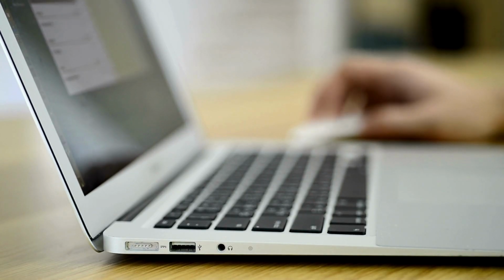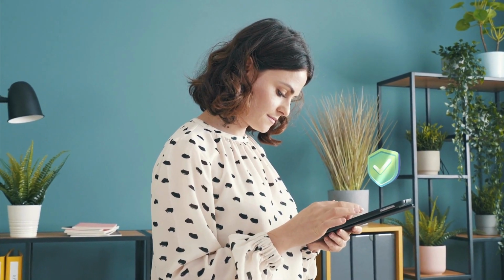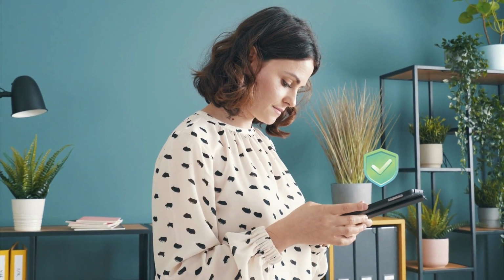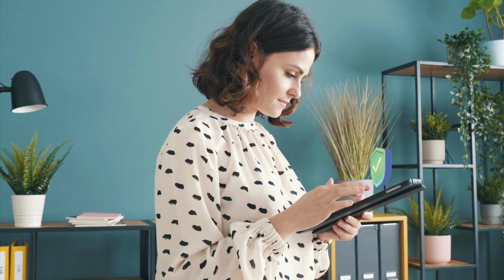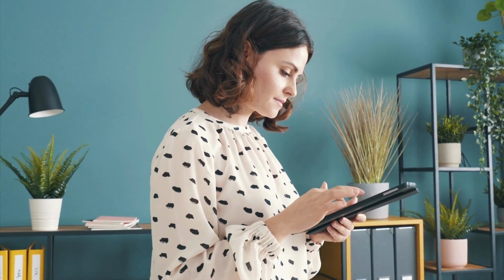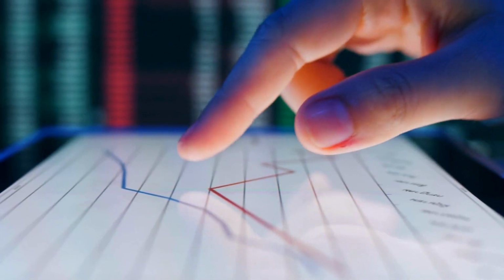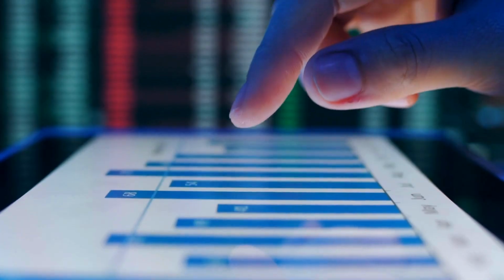Ensuring that your employees' laptops, tablets, and mobile devices are tracked and secured with encryption software. These measures minimize the risk of unauthorized access to your physical assets and sensitive information.